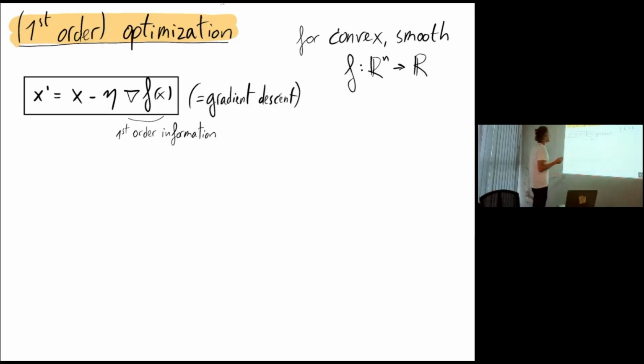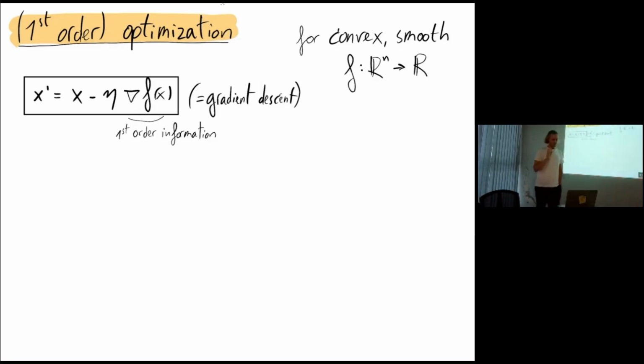We take a step in that direction, and there's a parameter eta, which is important, that tells you how far to move, and then you repeat. The ultimate purpose is finding an approximate minimizer of f.